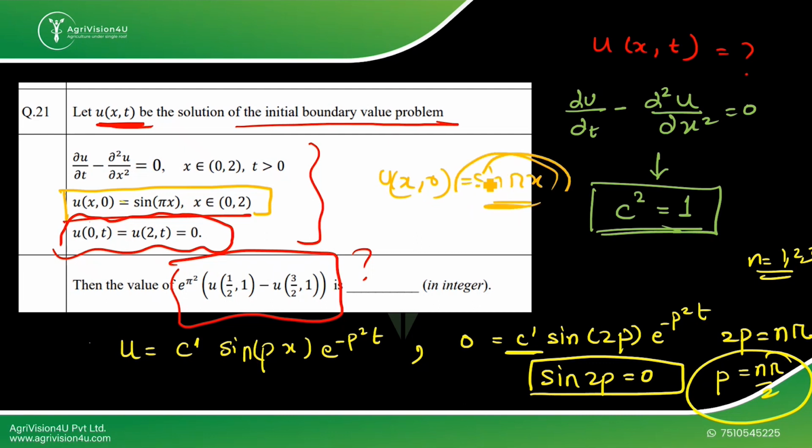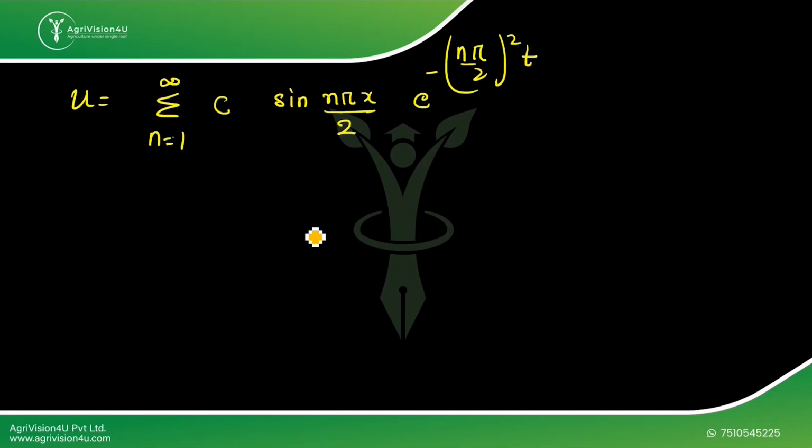So you have to see when this will hold true for this whole function. If I put n equals 1, I will get sin(pi x by 2) e to the power minus (pi by 2) squared t.